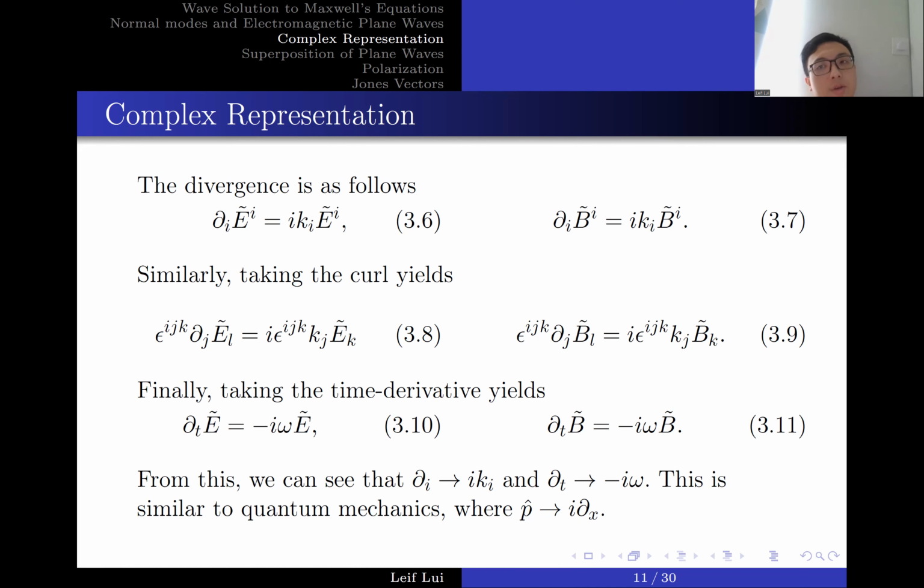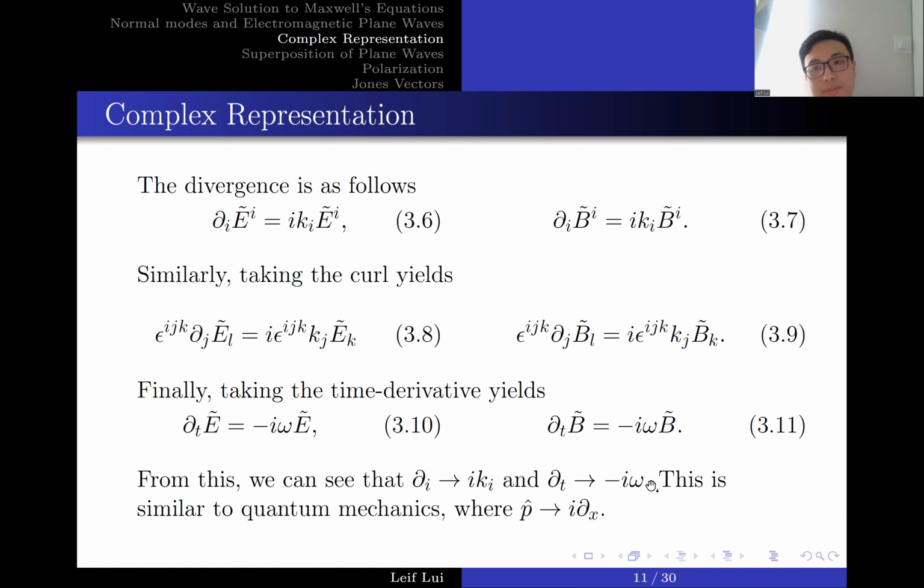And in quantum mechanics also, if we take time derivatives, that yields the energy operator. So here we see something quite similar. The partial derivative with respect to space yields the wave vector, and the partial derivative with respect to time yields the frequency. And if we insert factors of h bar in here, I suspect we will yield quantum mechanics.